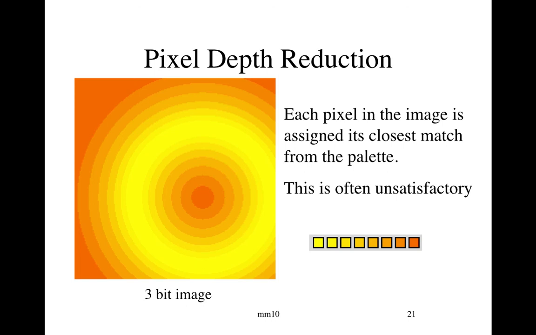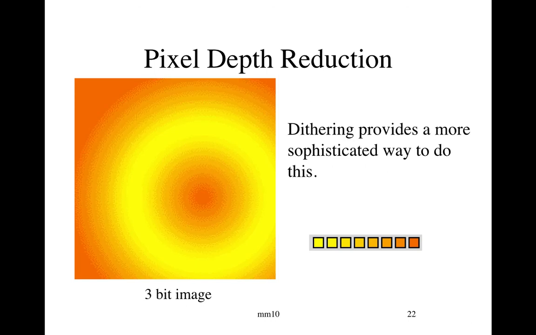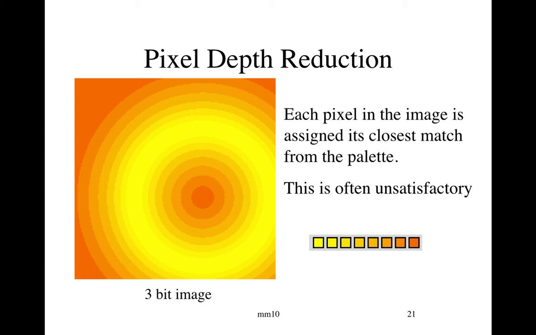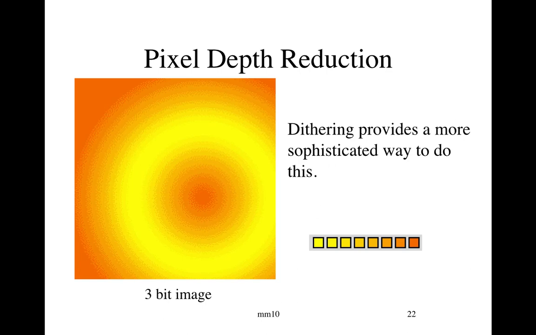Okay, and here, this image also only has 8 colors in it. So this is 8 colors in it, and this is 8 colors in it. But the dithered one is more satisfactory. It looks better if you sit far enough back from it. Okay?